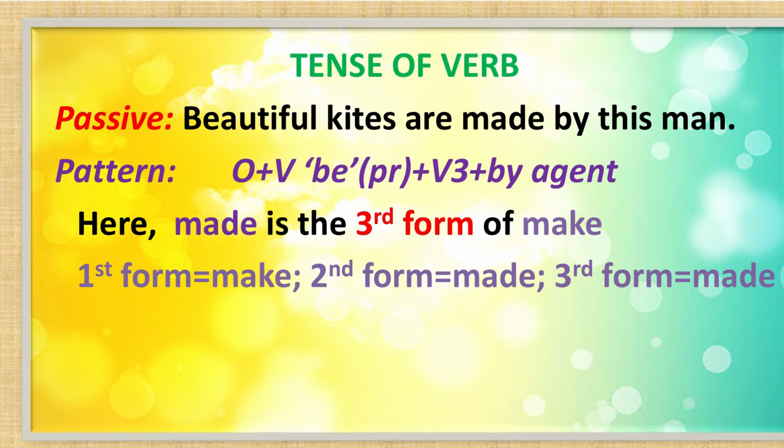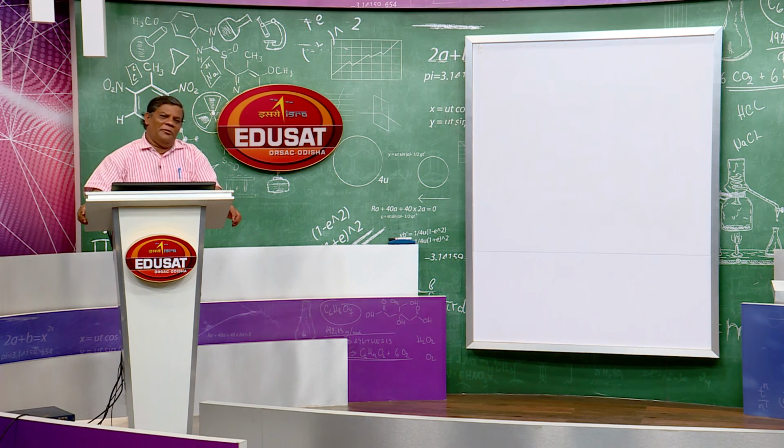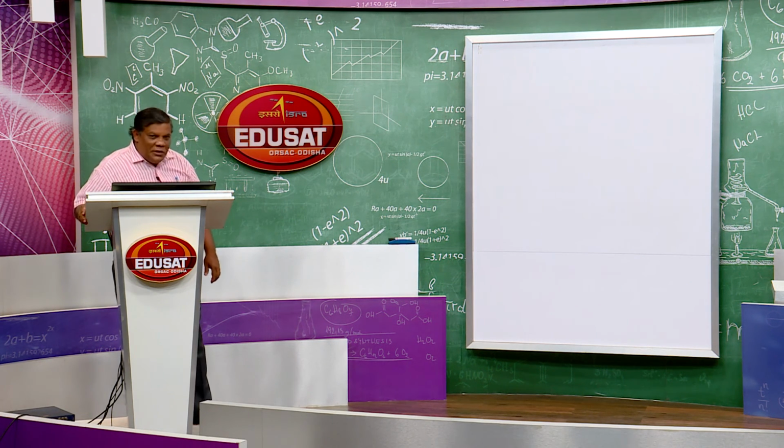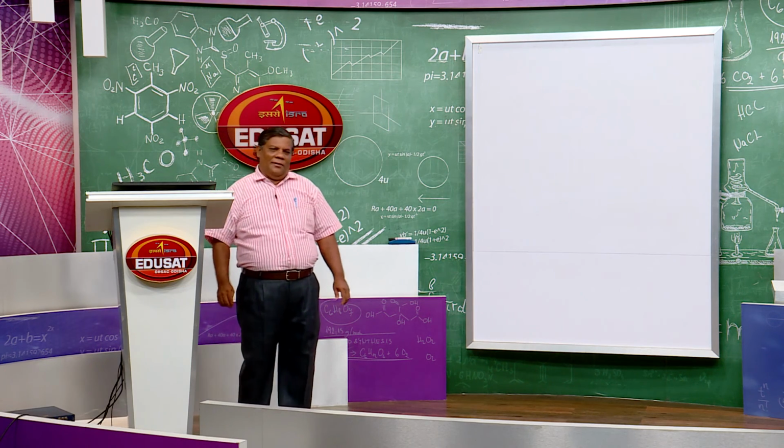So, which verb actually carries tense? Because a sentence may have one verb, a sentence may have more than one verb. So, when a sentence has one verb, that carries tense, and that is the only verb, that is called the main verb, and that carries tense. But when we have a compound verb form, which verb carries tense has to be taken care of.